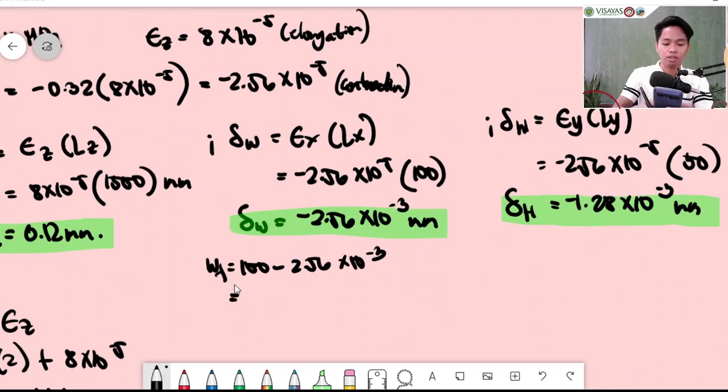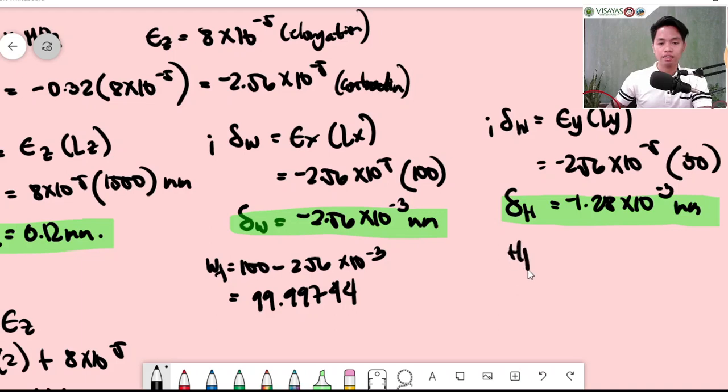So what is the final width? 100 minus 2.56 times 10 to the negative 3. That is equivalent to 99.99744. Then for our change in height, so our final height in this case would be 50 minus 1.28 times 10 to the negative 3.